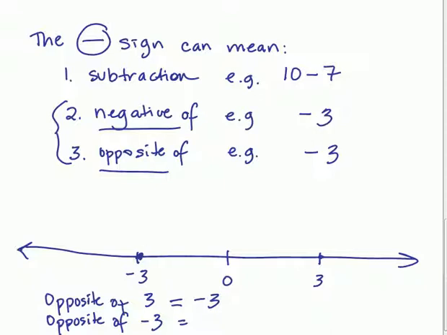At a positive. So how we could write this is the opposite of a -3 is a +3. And we could flip back with all the negative signs we want. But just keep in mind that that negative sign, that little horizontal line, can mean negative, and that really means the same thing as opposite.